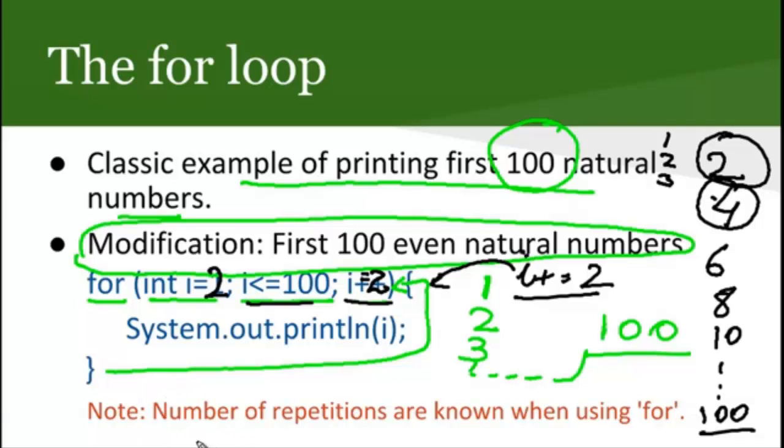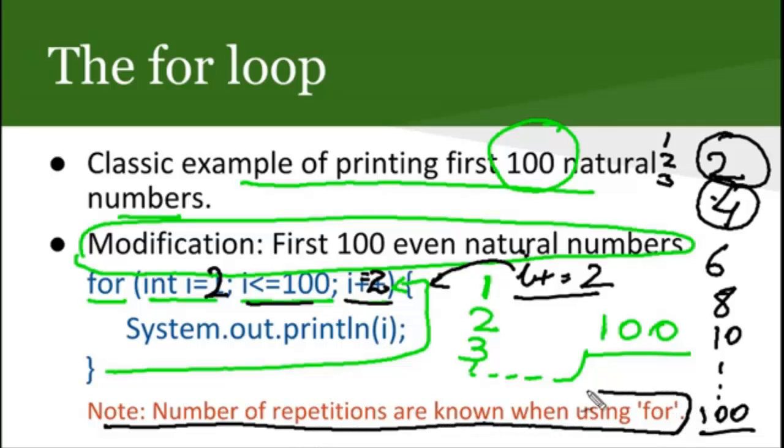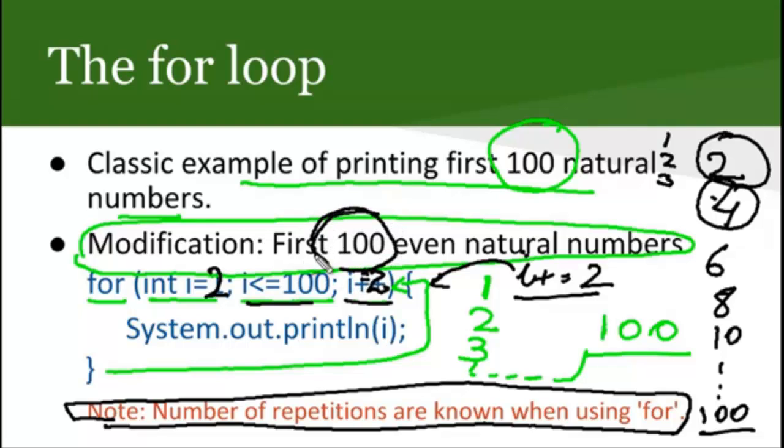Here I would like to remind you that the number of repetitions is known when using for. So we basically knew that we had to print, say, 100 natural numbers or the first 100 even natural numbers. Another modification which we need to make to our code is that we need to print the first 100 even natural numbers.